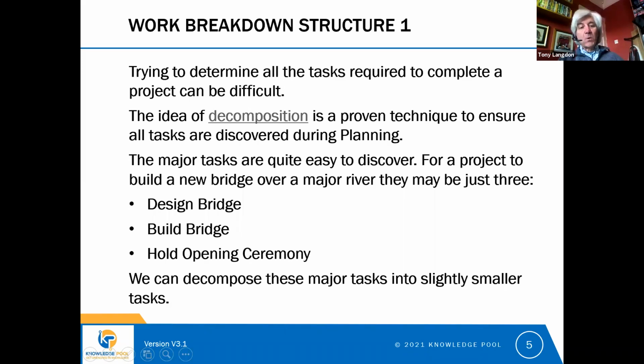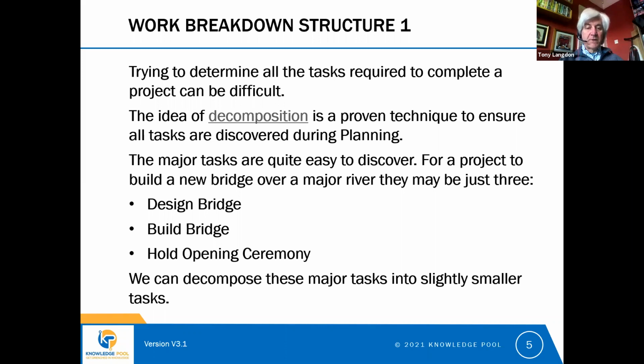So what we're going to look at is the idea of decomposition. And I've got this word defined here. So decomposition is the process of breaking things down into smaller and smaller parts. And it's a proven technique to ensure that all the tasks are discovered during planning a project.